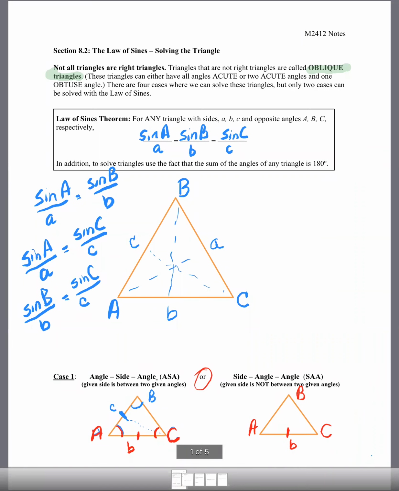Let's say I pick side B. Then the 2 angles that you would need would either have to be angle C and angle B, because you see how the side is not included. The first case, the first example was the ASA. That's when the side has to be between the 2 angles. Here, the side cannot be between the 2 angles. So one option was, if I'm given side B, then I need to have angle C and angle B.